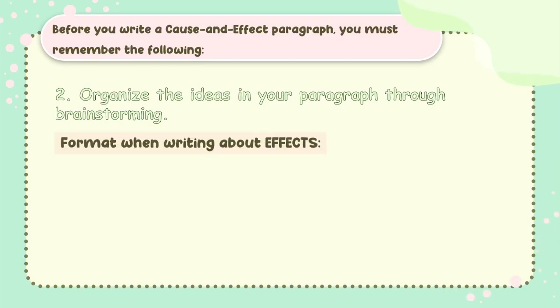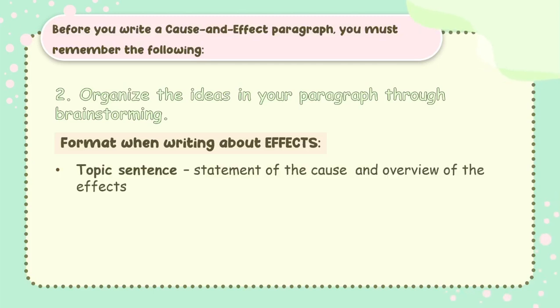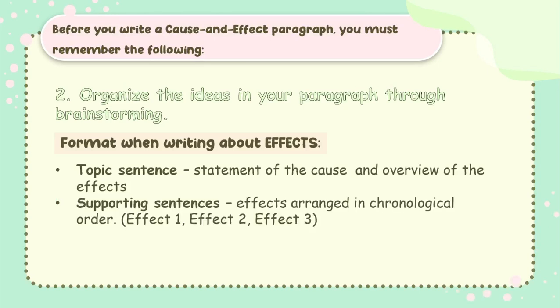The format when writing about the effects. In this format, we also have topic sentence. It is the statement of the cause and the overview of the effects. Next, the supporting sentences. Supporting sentences, it is the effects arranged in chronological order.